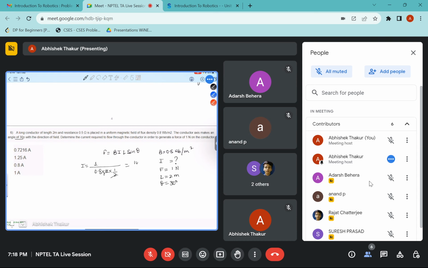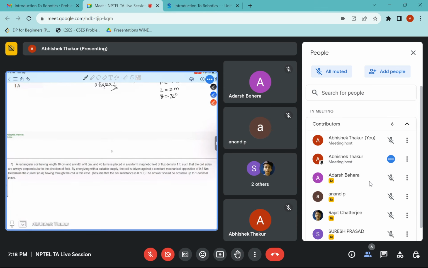So it will be 10 by 8, that will be 5 by 4. It will be 1.25 ampere. So the correct option is option B, that is 1.25 ampere. So this is just a formula based question.